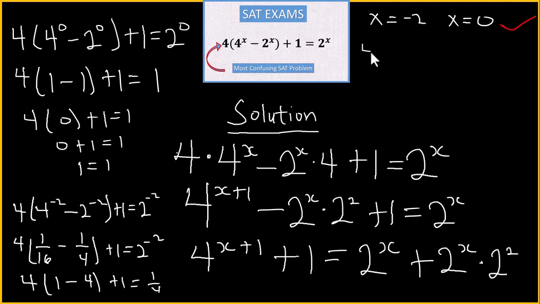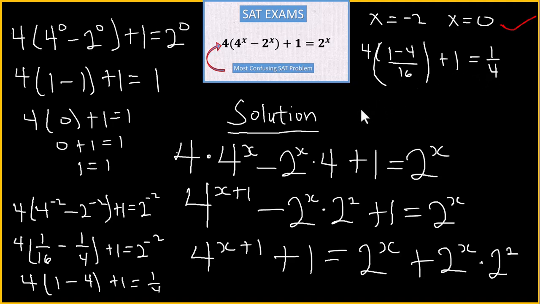So we have 4 by 1 on 16 minus 1 on 4, all on 16, which was our LCM, plus 1 equals 1 on 4.